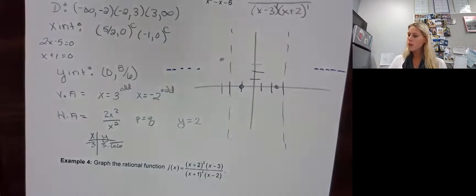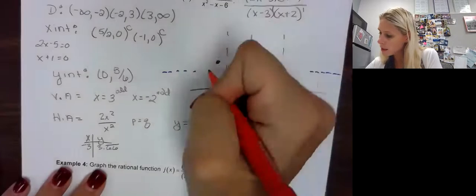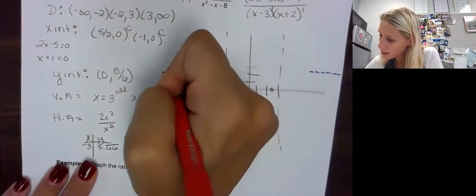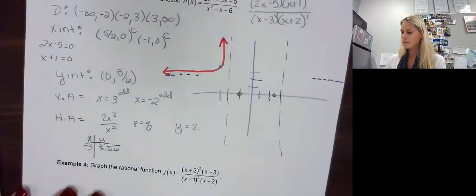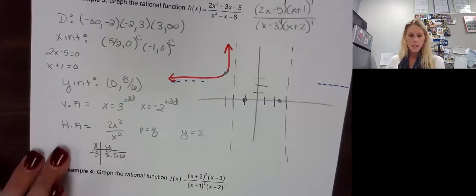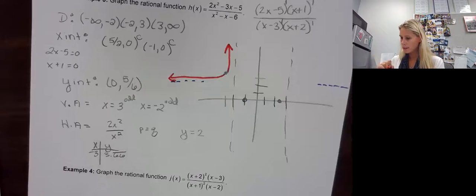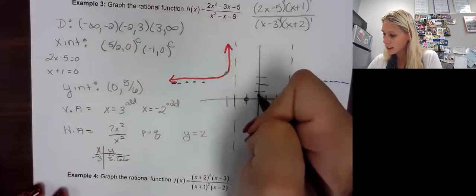All right, well, where does that bring us? Well, we can't cross here, so I must hug those asymptotes. We good? Okay. Now, another thing is, I forgot to graph my y-intercept. My y-intercept is 5/6, which is less than 1.